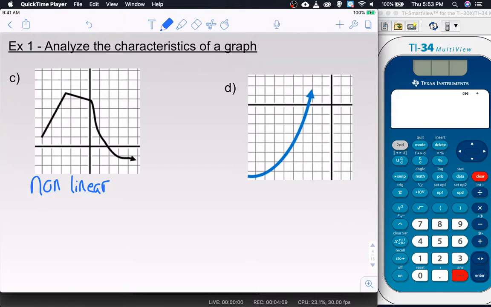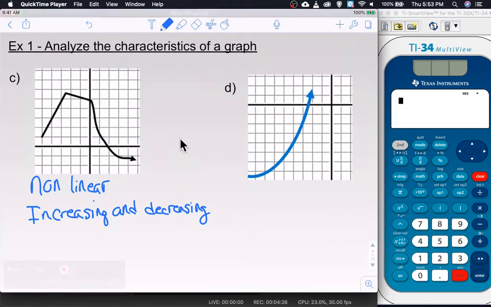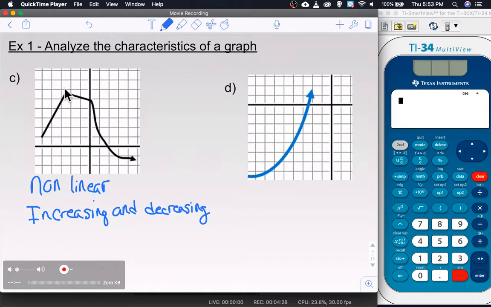Now, as far as, is it going up? Is it going down? Increasing, decreasing? Well, it's doing a little bit of both. It's both increasing and decreasing. There are parts right here in the beginning where it's increasing, then decreasing, and decreasing. This is increasing linear.